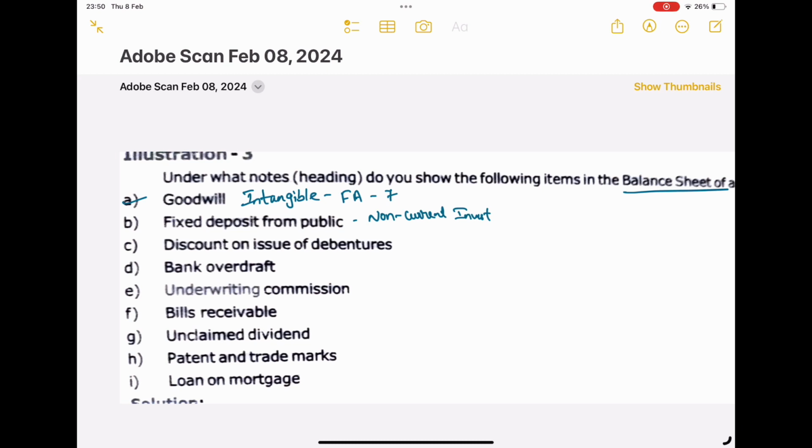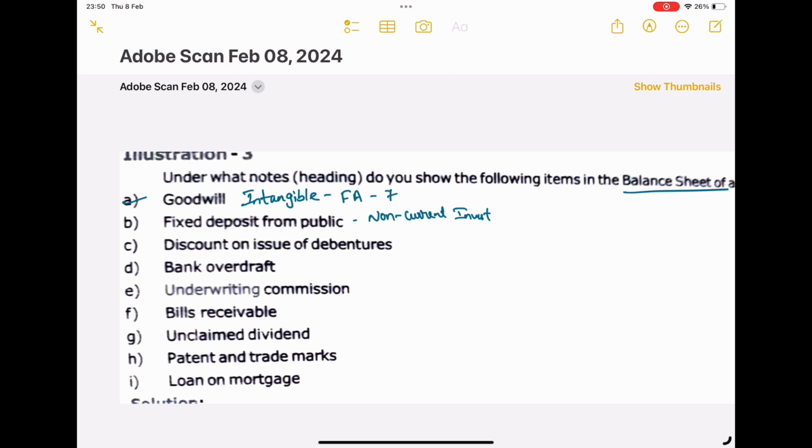Okay, next, discount on issue of debentures. So this discount on issue of debentures will come under the liability side of the balance sheet, isn't it? So we are going to reflect this amount in the liabilities as per Schedule 3.